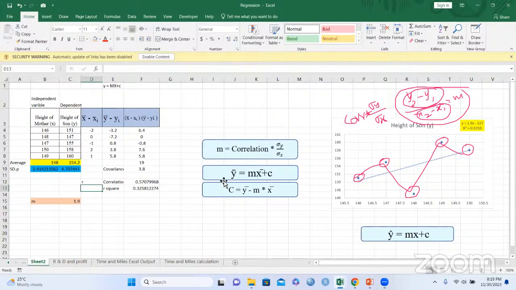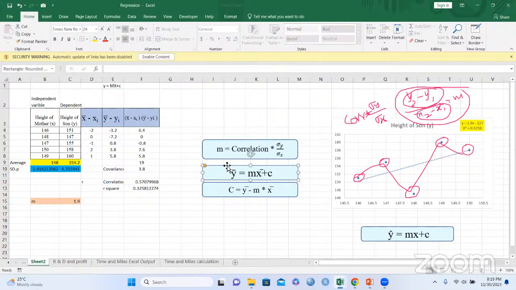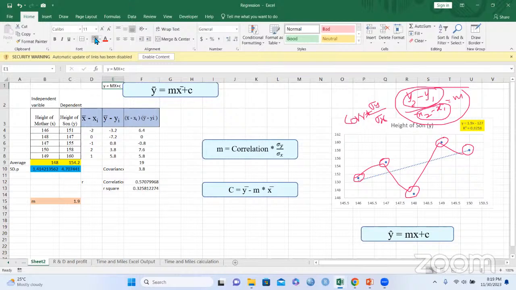So the next thing, as we have extended y is equal to mx plus c to y bar is equal to m x bar plus c, using this equation we can find out the value of c. So c is equal to y bar minus slope into x bar. This equation has been derived from the simple equation which I have mentioned here.